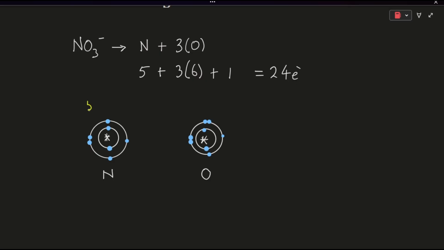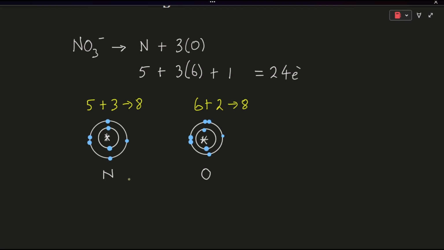So nitrogen has 5, would require 3 more electrons to get to 8, and so can make 3 covalent bonds. Oxygen, on the other hand, has 6 valence shell electrons, requires 2 more electrons to get to 8, and it means that it can form 2 covalent bonds in order to achieve that.